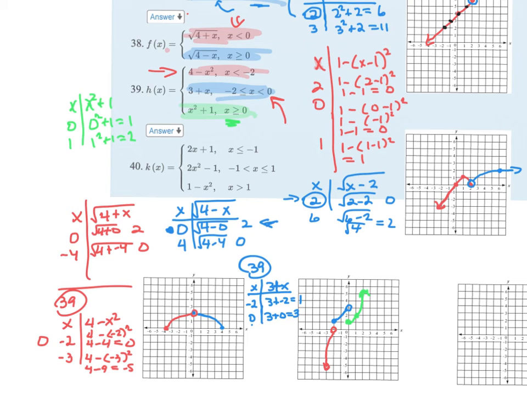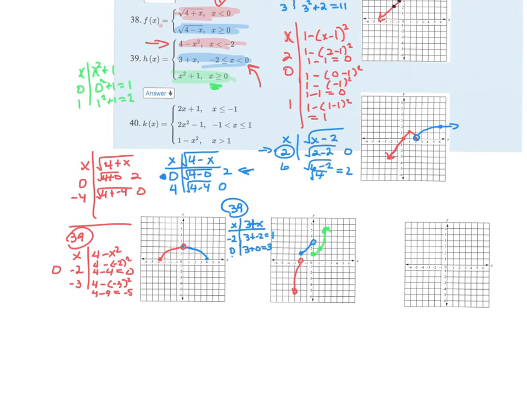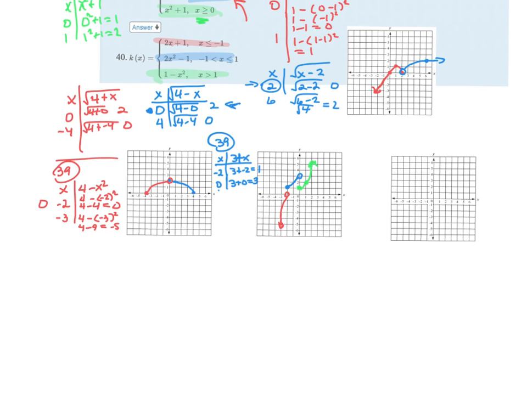Have one last one, it's number 40. And again, I'll do it in the 3 colors. So I can do the first one in red, the second one in blue, the third one in green. So let me come down here. Let's do a table for the red. That equation is 2x plus 1.